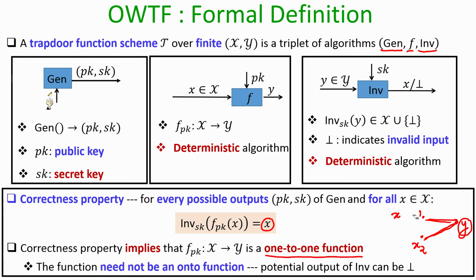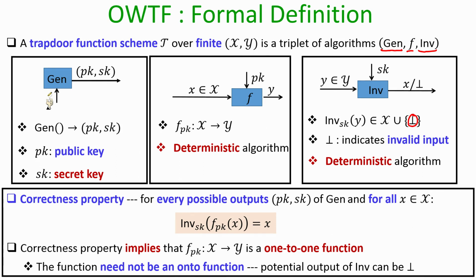However, notice that even though the function f of pk is a 1-to-1 function, that does not mean that the function has to be an onto mapping. There might be several possible inputs from your co-domain set fancy Y, which may not have a pre-image under the function f, and that is why we have a special provision for the output of the inverse function to be a bot symbol.